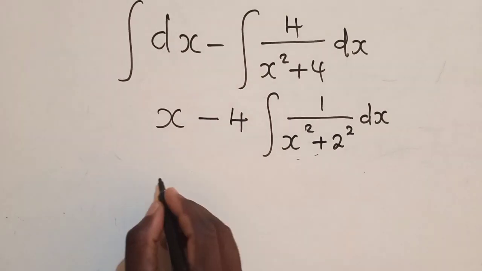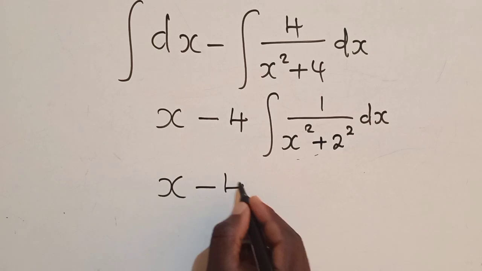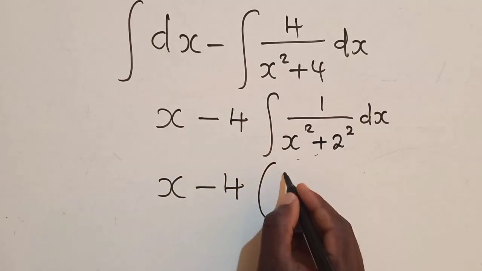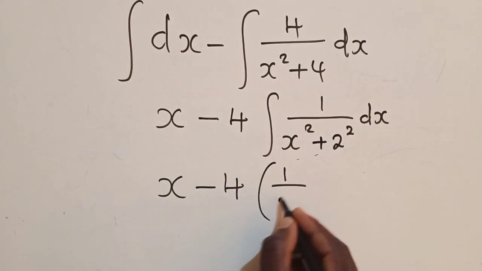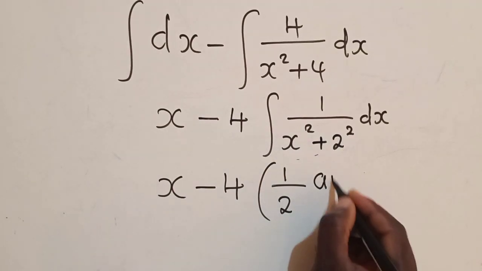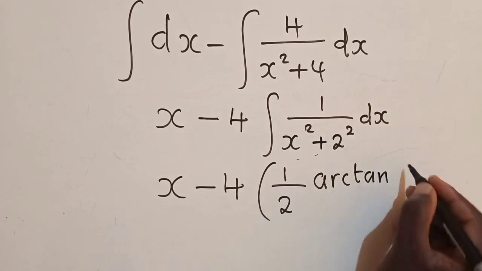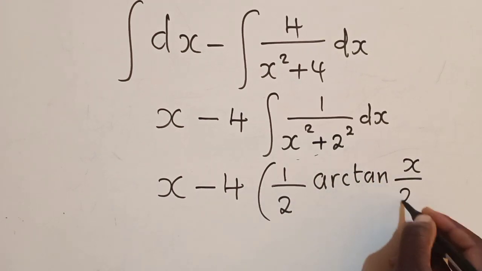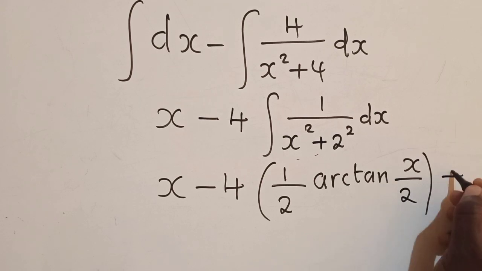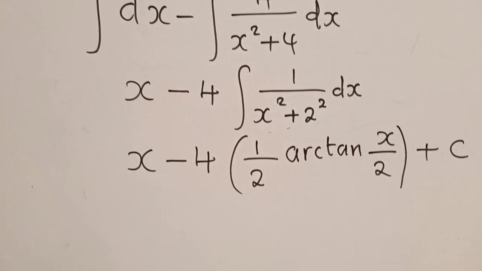So now we have x minus 4, open bracket, 1 over 2, remember arctangent property, arc tan x over 2, plus c. If you want, you can leave your answer like this.